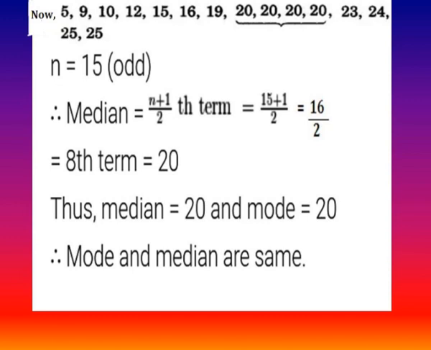The 8th term is the median. In the ascending order of data, the 8th term is 20, therefore the median is equal to 20. We already found that the mode is also equal to 20, so the median and mode are both the same.